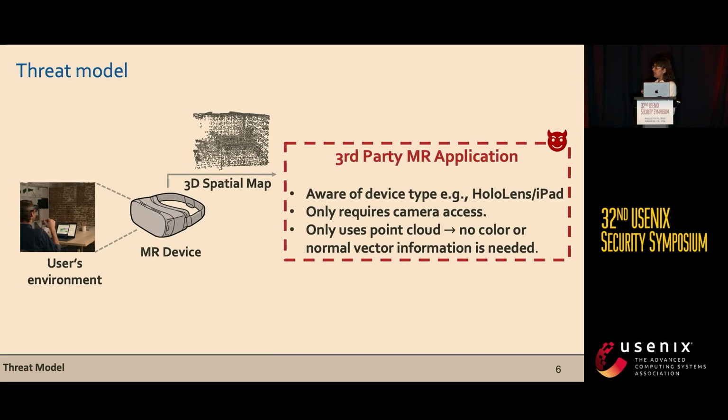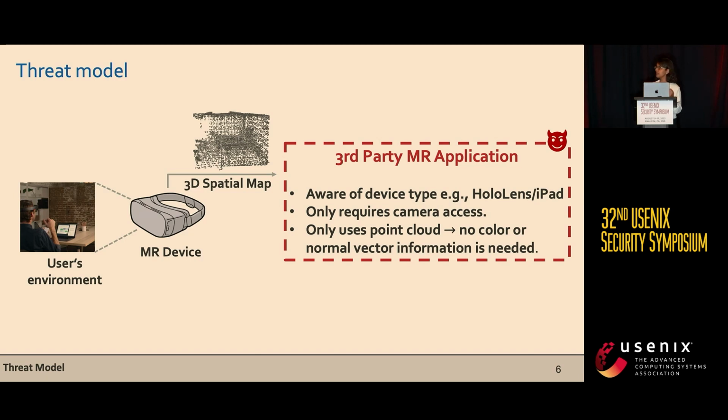Now, in order to launch the LocIn attack, we assume that the adversary has access to an MR application on the mixed reality device. We assume that the adversary does not have any information about the target user's environment and trains the attack solely based on publicly available spatial map datasets.